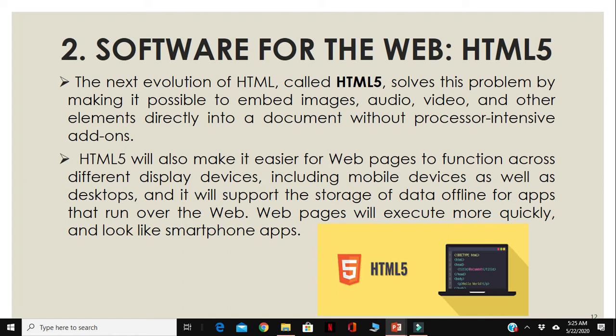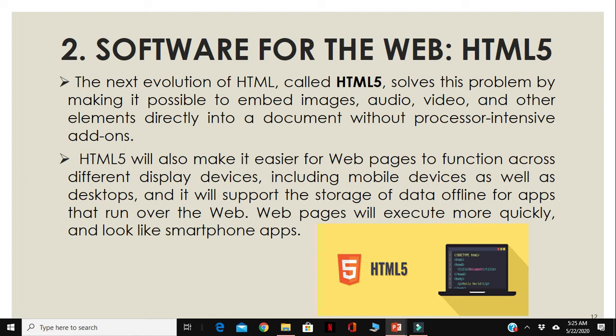Now, the next revolution of HTML, called HTML5, solved the problems which were there with HTML, because HTML was designed for static display, and as we discussed, for dynamic and audio-visual content, HTML was using third-party plugins. This problem was solved because HTML5 made it possible to embed images, audio, video, and other elements directly into a document without processor-intensive add-ons.